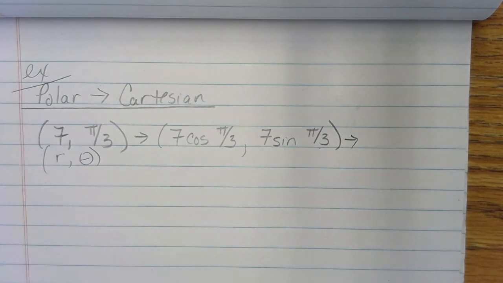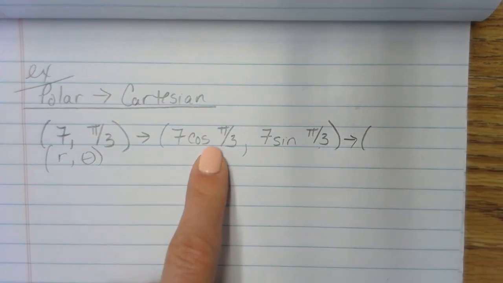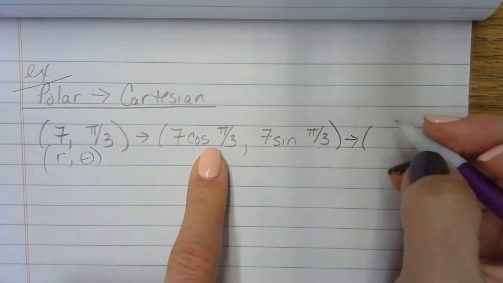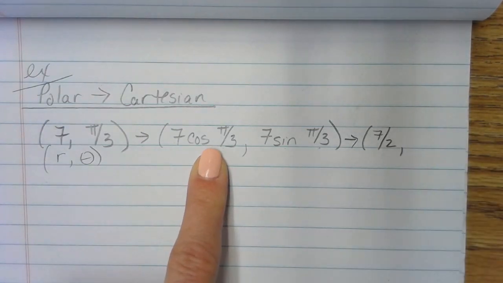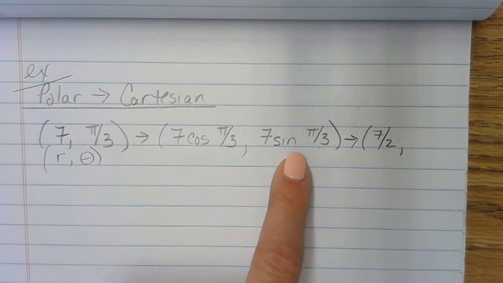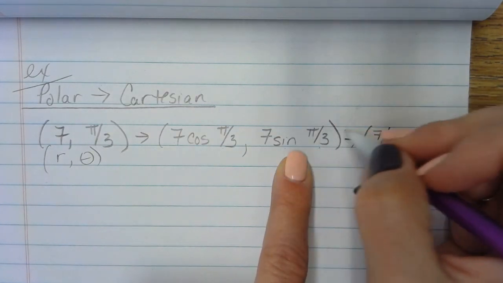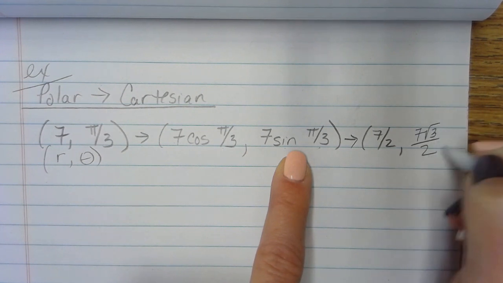Since the cosine of pi over 3 is a half, 7 times a half is 7 halves. And the sine of pi over 3 is root 3 over 2, so 7 times root 3 over 2 is 7 root 3 over 2.